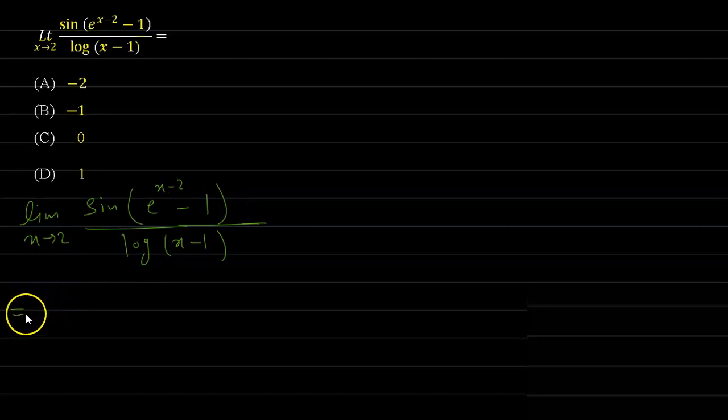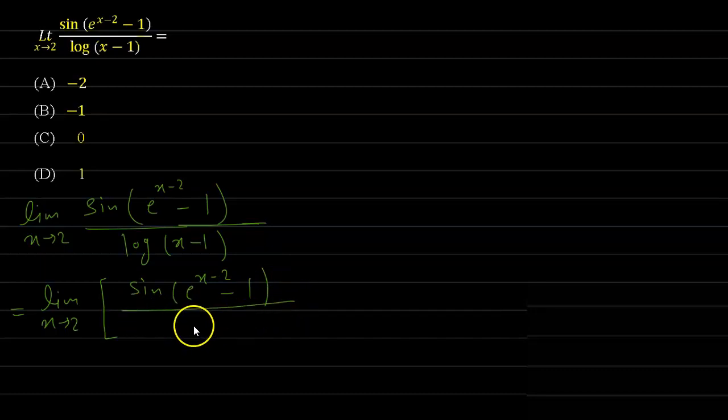Then this limit will become limit x tends to 2 sine of (e to the power x minus 2 minus 1) divided by (e to the power x minus 2 minus 1), and also multiply the same expression, that means e to the power x minus 2 minus 1 divided by log of (x minus 1), as it is.